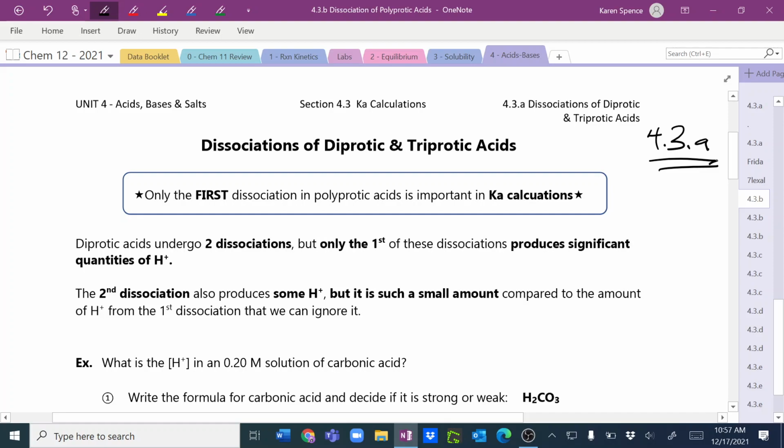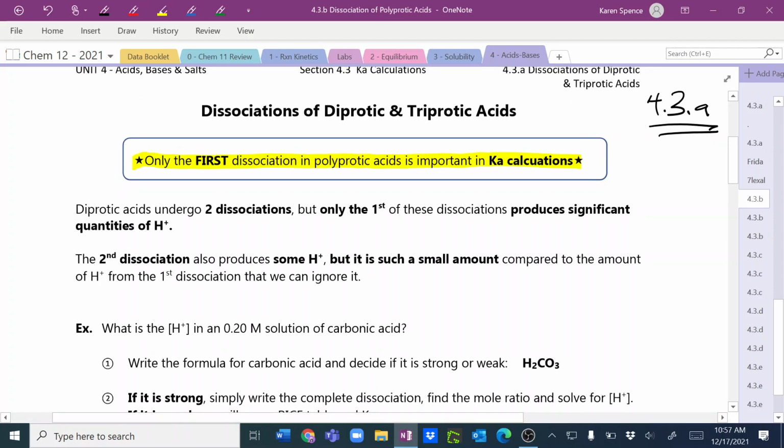So when you have a diprotic or a triprotic acid, honestly, all you need for this entire thing is just to read this first box. Only the first dissociation is important in Ka calculations.